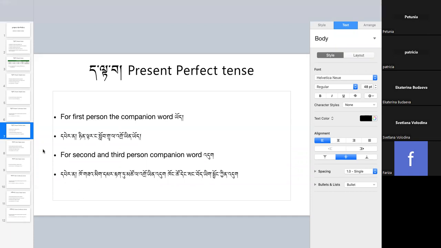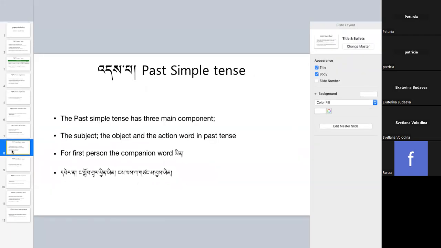Okay, so now past tense. So past simple tense has three main components: the subject, the object, and action word in past tense. So it means that it has a different spelling now. And the rules are the same as in the present simple tense when it comes to the companion word.